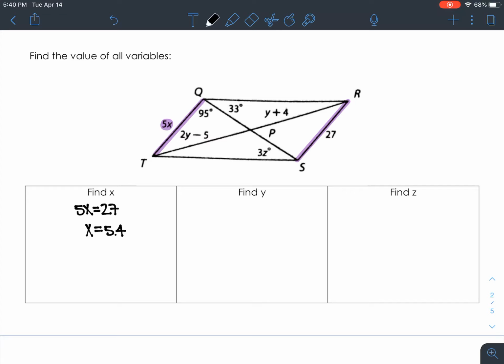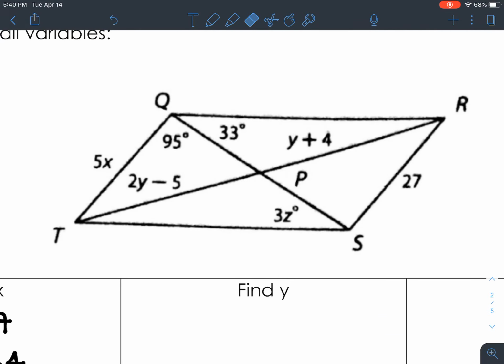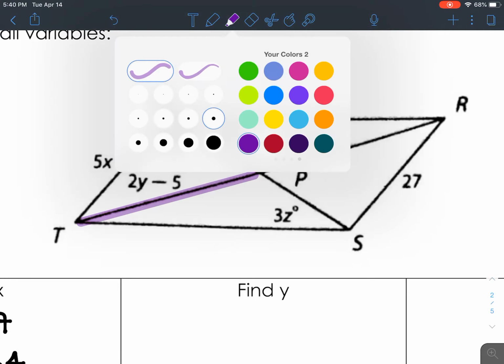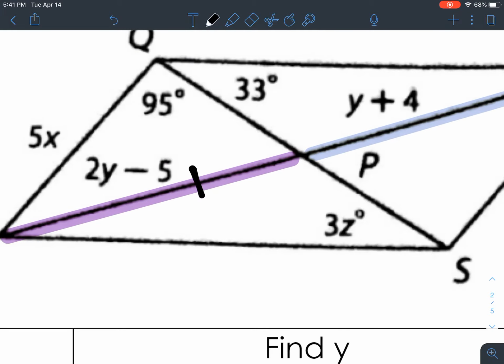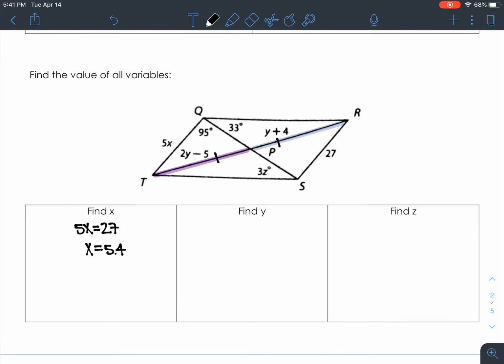All right, for the next one, and I think this one's kind of hard to figure out what expression goes with what, so I'm going to guide you guys through. So 2y is actually representing this segment right here, while y plus 4 is representing this segment right here. And so we know that diagonals bisect each other inside of a parallelogram, which means that this intersection point P has to be the midpoint, which means that this segment has to be congruent to this segment.